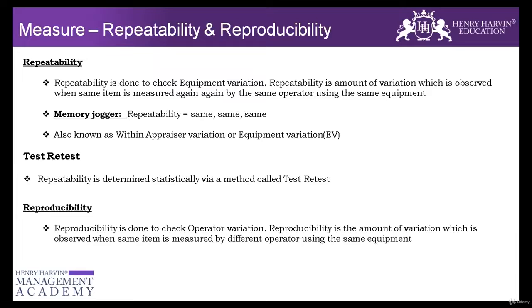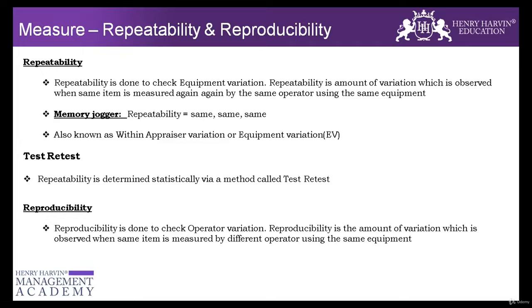Now, what is reproducibility? Reproducibility is done to check the operator variation. So now, instead of Simarpreet, it is Anand who is measuring the same tomatoes quantity, and Anand comes out with 6 kgs. So Simarpreet says 5 kgs, Anand says 6 kgs.